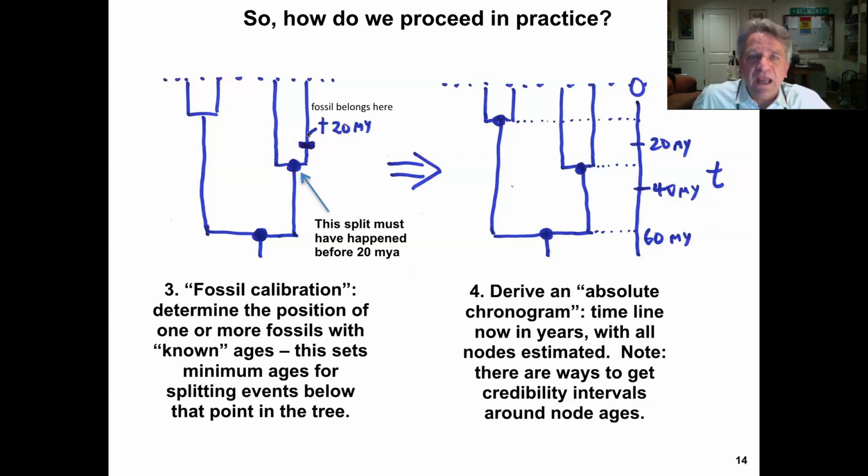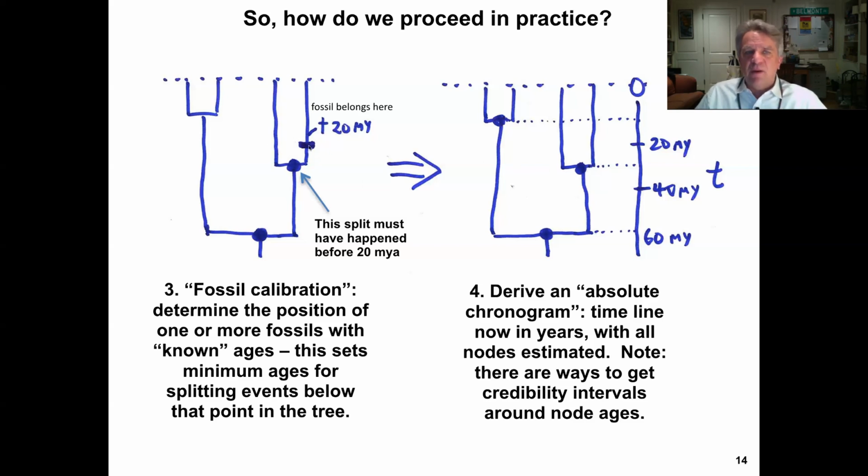So now that we have this minimal age constraint, we could go forward and with our relaxed molecular clock approach, convert the entire tree to absolute ages. So all we need is information for one part of the tree, and we could then estimate the ages for the whole tree.